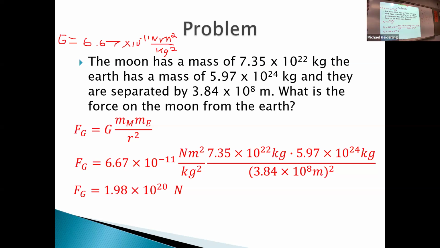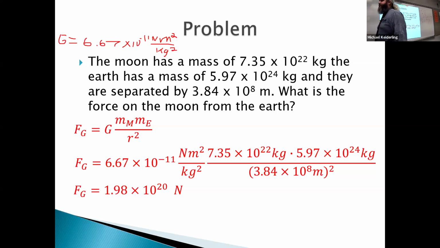So if you multiply all the front things, multiply 6.67 times 7.35 times 5.97 and divide by 3.84 squared, you get 19.8. And then negative 11 plus 22 is 11, plus 24 is 35, minus 8 minus 8, so minus 16. 35 minus 16 is 19.